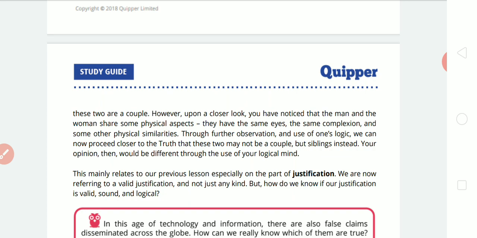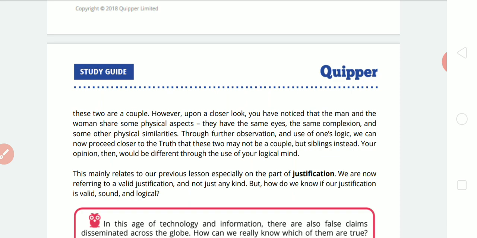Now, this mainly relates to our previous lesson, especially on the part of justification, which is discussed by Ma'am Yao. So, we are now referring to a valid justification.